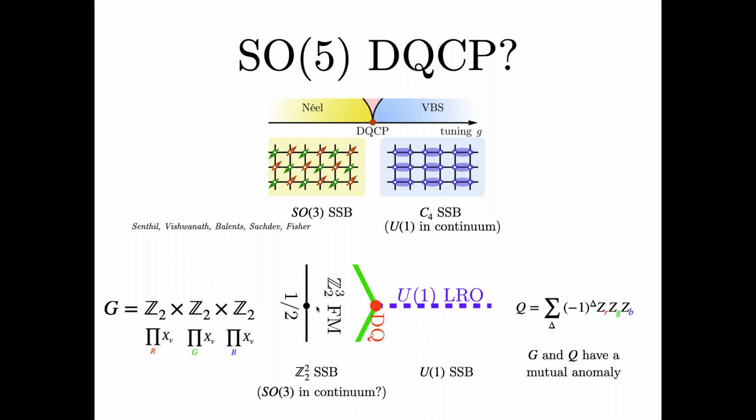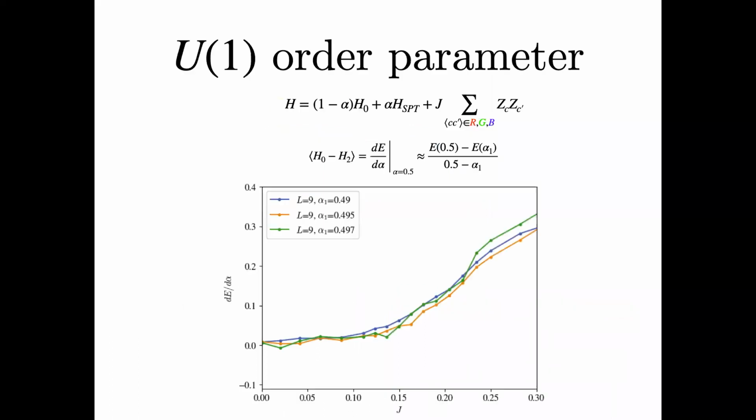Since we see a ferromagnetic phase here, and as we tune J up it leaves the ferromagnetic phase, we believe that this part here has a U1 symmetry breaking. So we were also trying to probe that from our simulation. What we tried for fun is this Hamiltonian here, an order parameter for the U1.